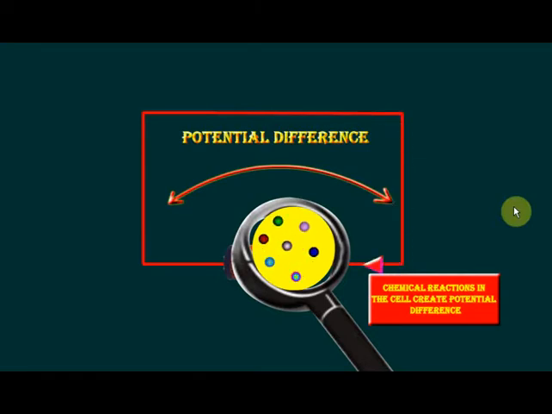And an electric potential difference is created inside the battery by means of chemical reactions. As you can see, the left end of the battery is at a higher potential and the right end of the battery is at the lower potential. That is why electric current flows from the left end of the battery to the right end of the battery. This effort required in making current flow is potential difference.